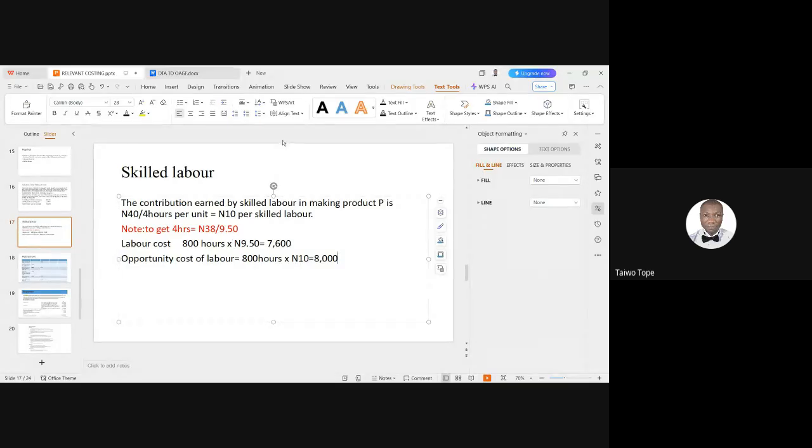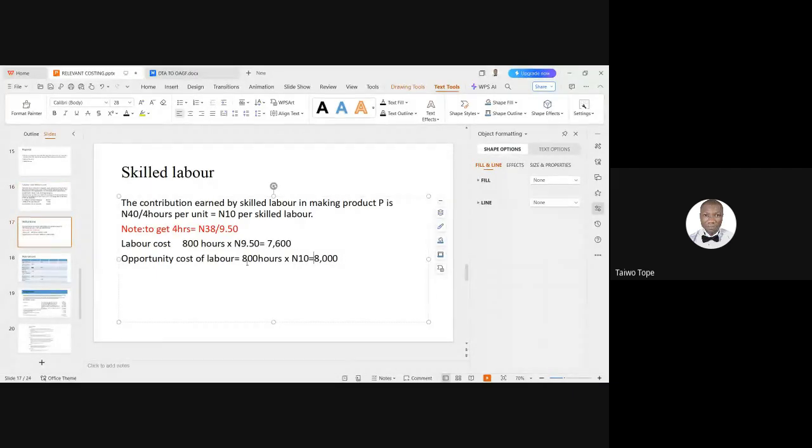Should I get other workers outside, or should I move my workers in the production of P? This makes it a relevant cost, a decision between moving the workers in producing product P, or putting off that contract because he's not having sufficient skilled workers.